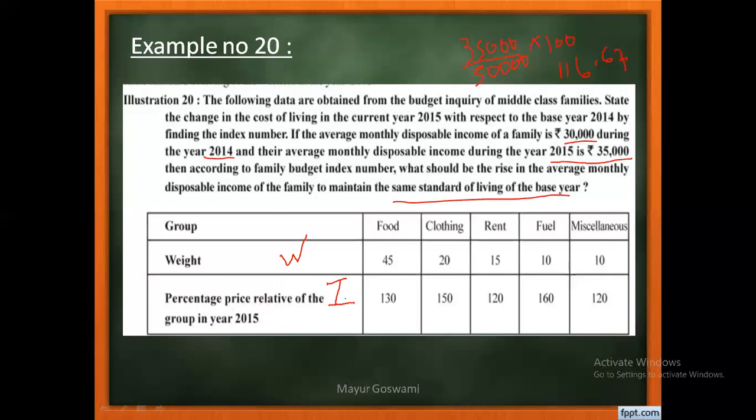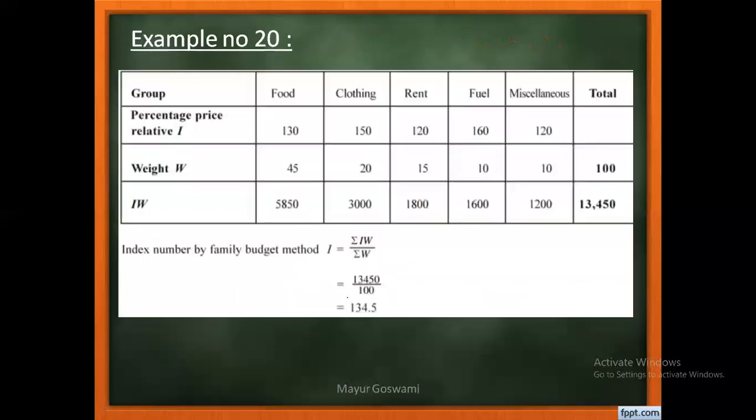Starting from the first sum, you can see for every index number we multiply by 100, right? So always the index number is in percentage, it is in 100, right? So I is given and W is given.